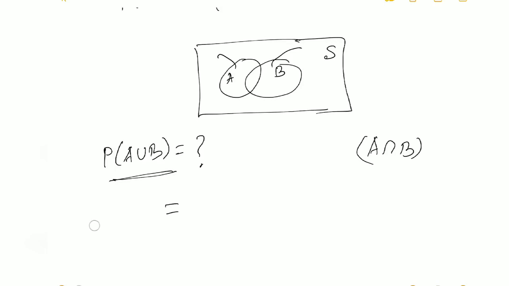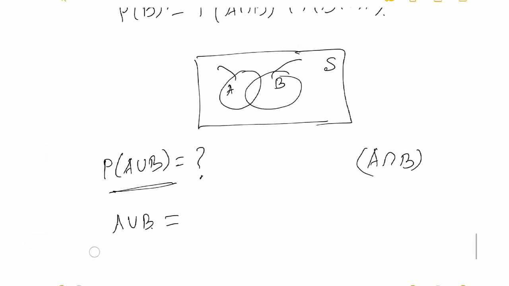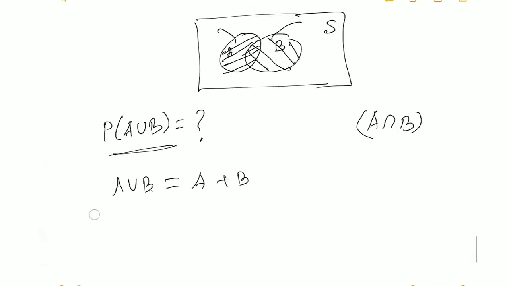Now we have to find out what A union B is using a Venn diagram. First we need to add the whole area A, and then the whole area B. Notice that this area, the A intersection B, the common area, is being added twice.